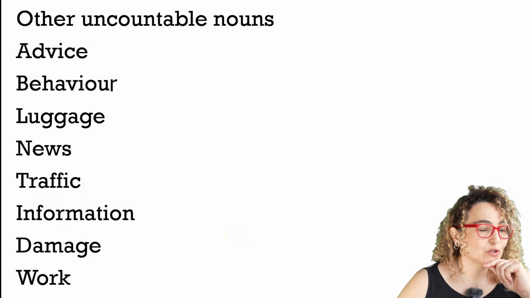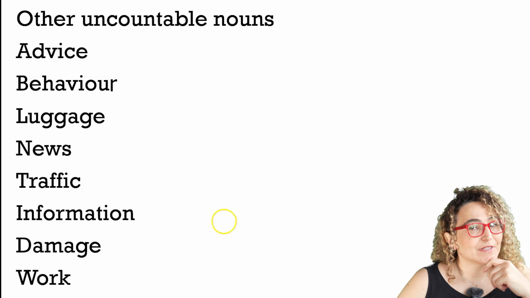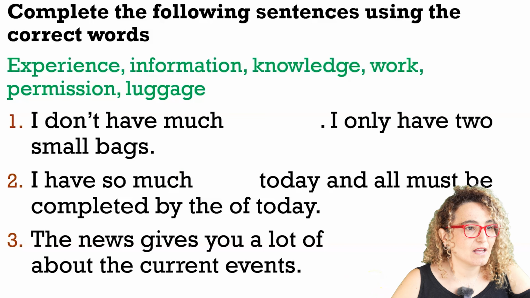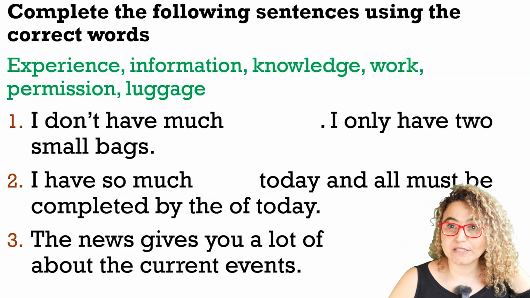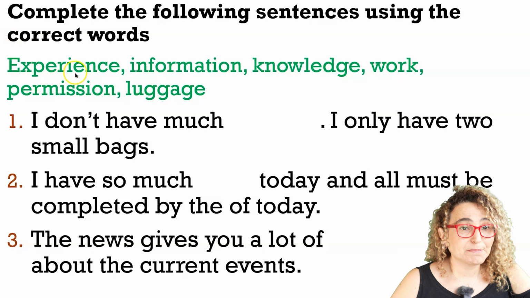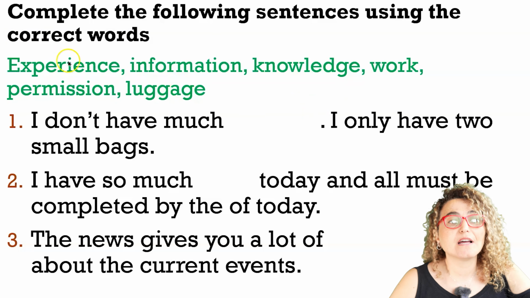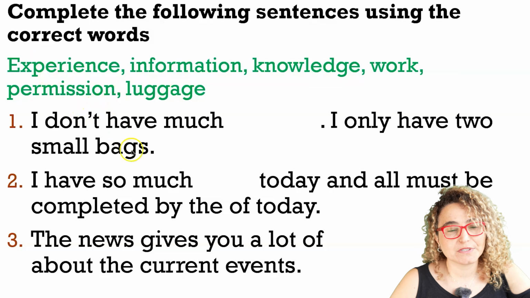Okay, let's try to complete these sentences using these uncountable nouns and see how you do. Okay, so let's look at these following exercises. Complete the following sentences using the correct words. Experience, information, knowledge, work, permission, and luggage. Remember, these are uncountable nouns.